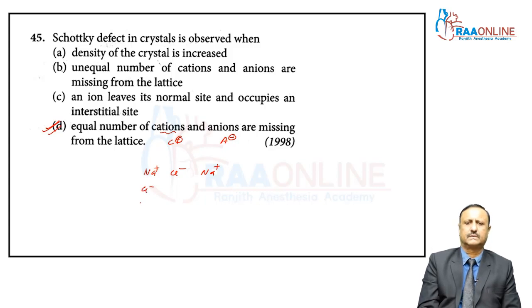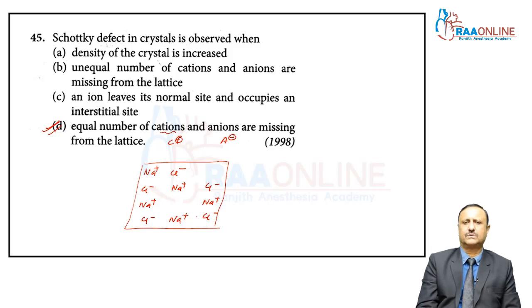Then when Cl minus is absent, and Na plus is absent in equal numbers, equal numbers of cations and anions are absent. This type of defect is called Schottky defect.